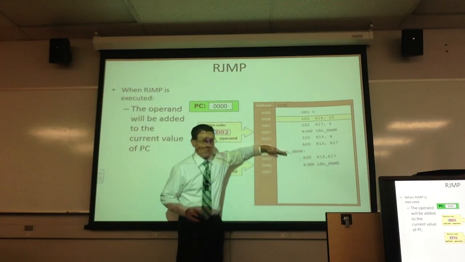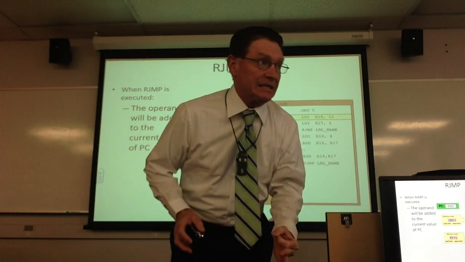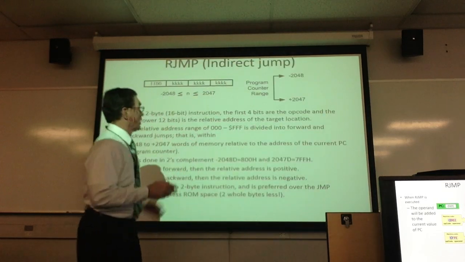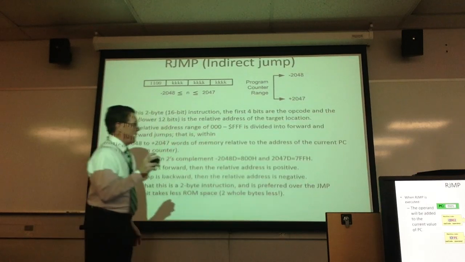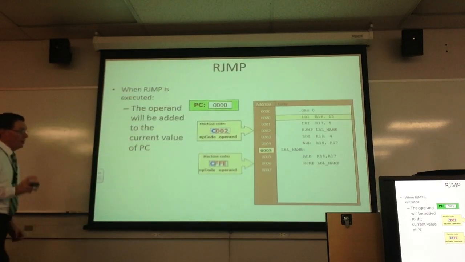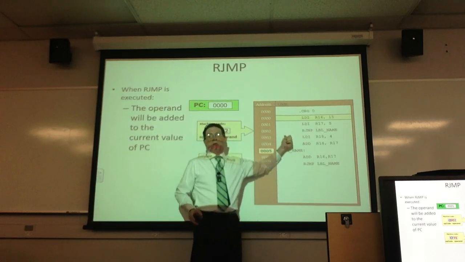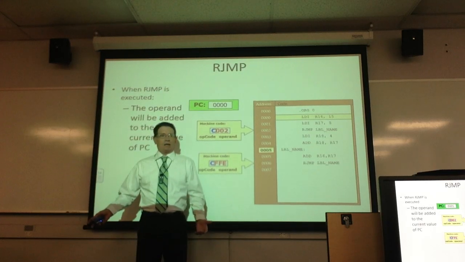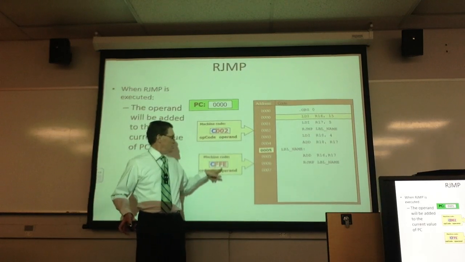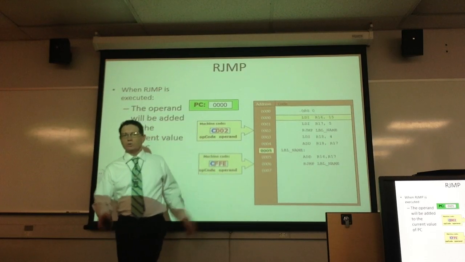I'm jumping down, so the offset address is going to be a positive number because we're going this way. Now, when I'm down here and I'm jumping up, will the offset be positive or negative? It's got to be negative, and you can see it right there. It's stored in 2's complement.